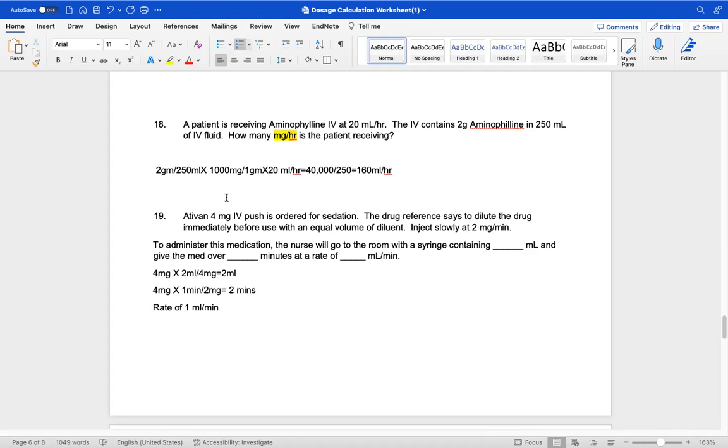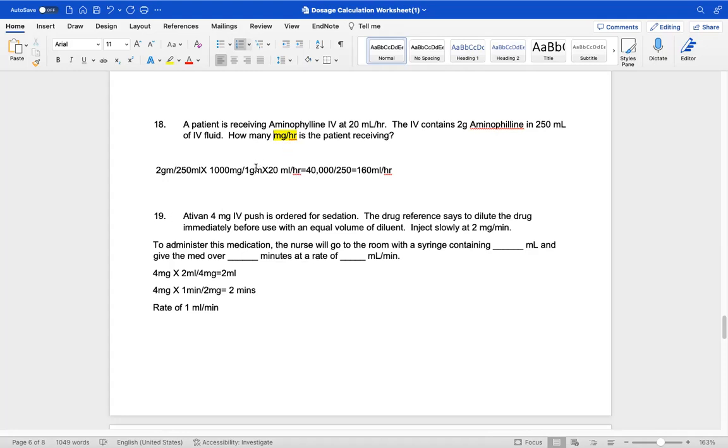So we take what we have. We've got 2 grams right here over 250 mLs. We know that there is 1,000 milligrams over 1 gram, because we've got to get rid of the grams here because we're looking for milligrams per hour.